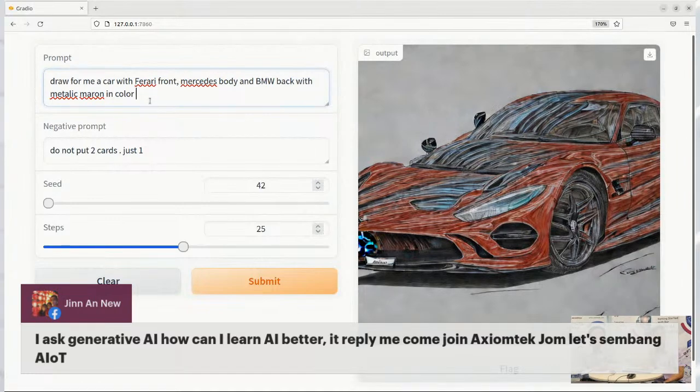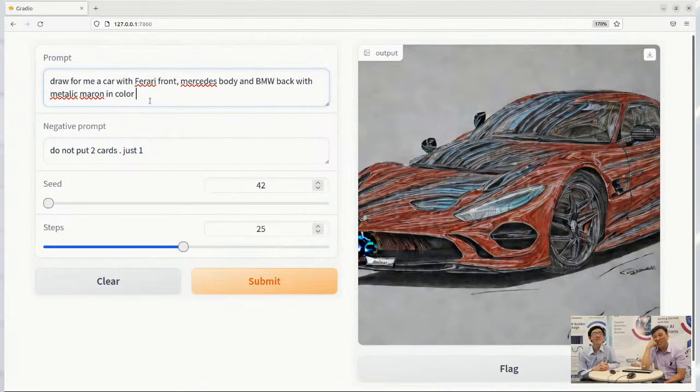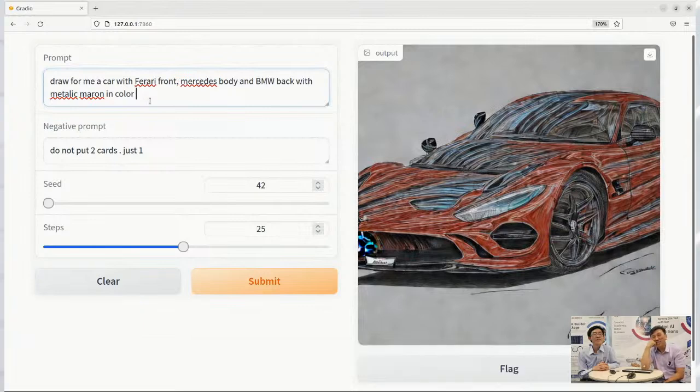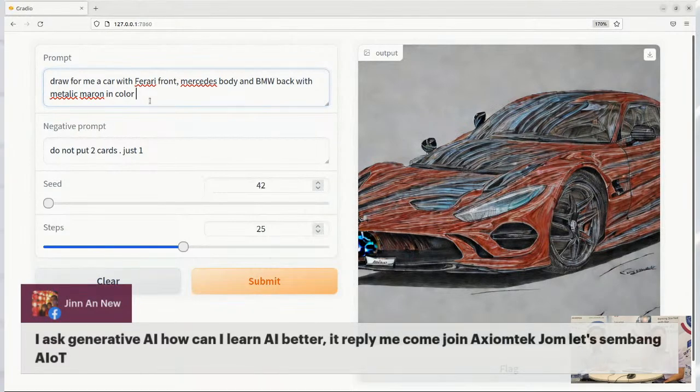Okay, what is the question? AI makes my life easier, so I am able to have extra time learning. Yeah, okay. Thank you very much, Jin. Thank you for your sharing. Next time we want to invite you here also to share some. What about the last question?